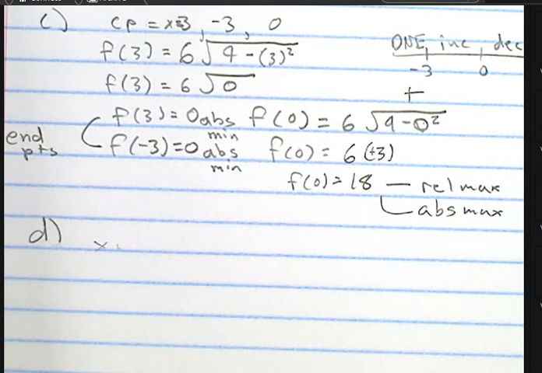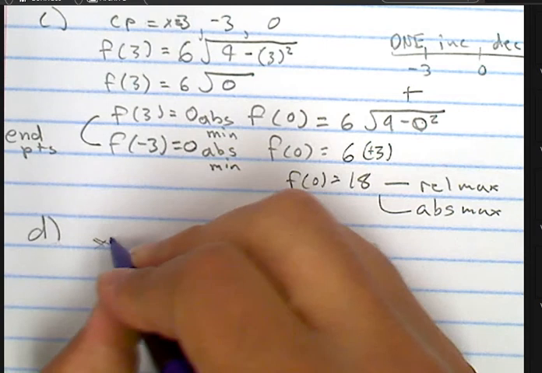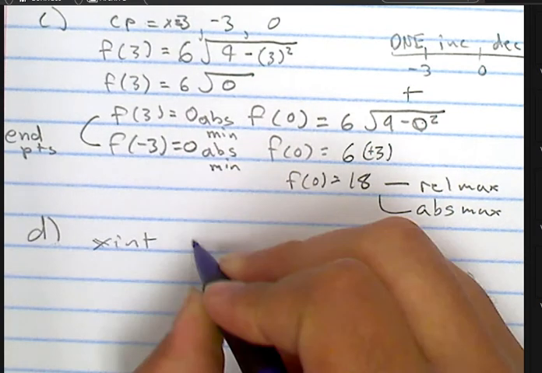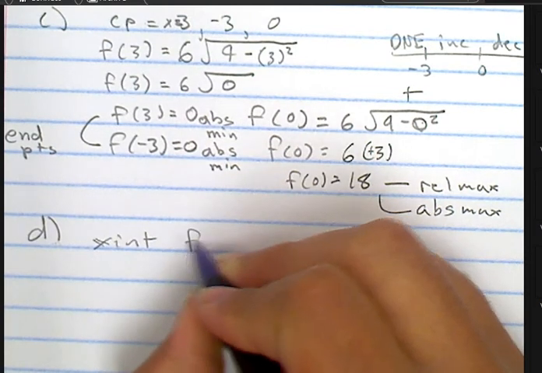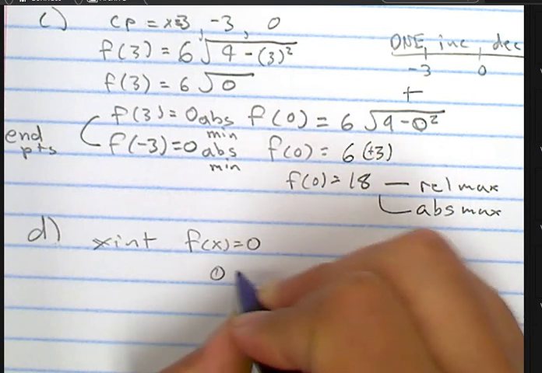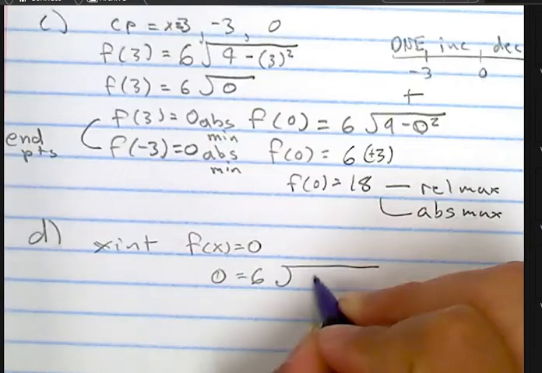I already wore that one out. Set y equal to 0. So now 0 equals 6 square root of 9 minus x squared.